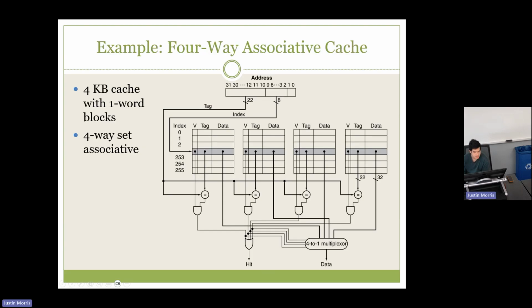All right, so here is an example of what a hardware drawing looks like of a 4-way set associative cache. Our example here is a 4 kilobyte cache with 1 word blocks, and it's 4-way set associative.